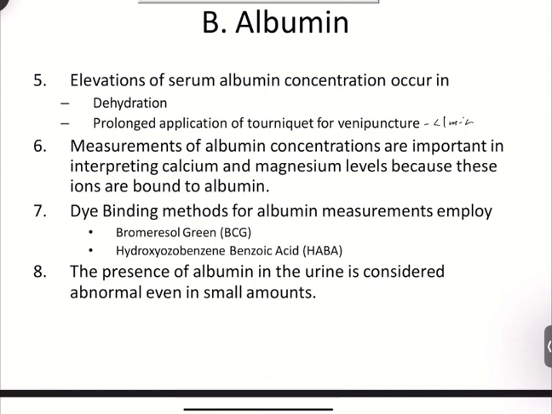Dye binding methods for albumin can be measured with bromocresol green and hydroxyazobenzene benzoic acid, or HABA. The presence of albumin in the urine is considered abnormal even in small amounts. Why? Your albumin is a protein, and its presence in the urine correlates with dysfunction or abnormality in the kidney.